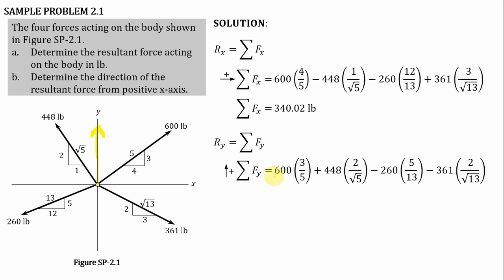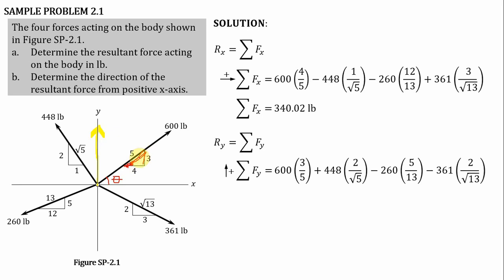Okay? So 600 pounds times the sine of this angle. So what is the sine of this angle? Okay, if this angle is theta, and this is theta also, so what is the sine of this angle? Okay, so sine theta is equal to 3 divided by 5. Okay, sorry, 3 divided by 5.